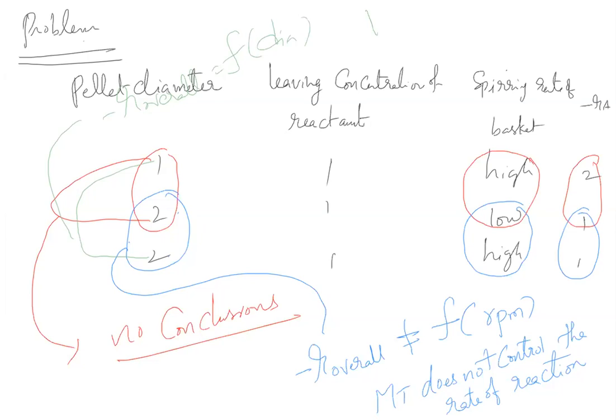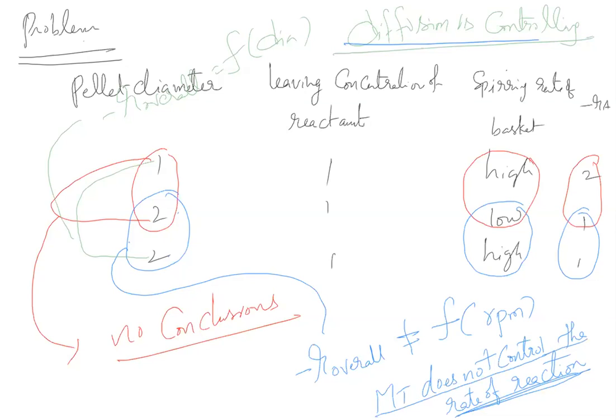That means diffusion is controlling. Mass transfer is not controlling because if I change the stirring speed, I don't observe any change in the rate of reaction.